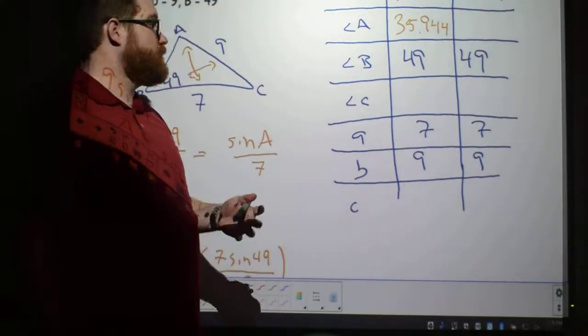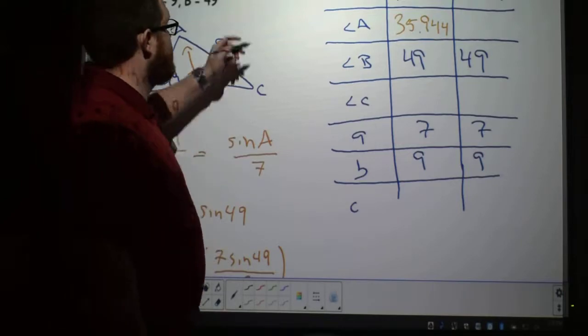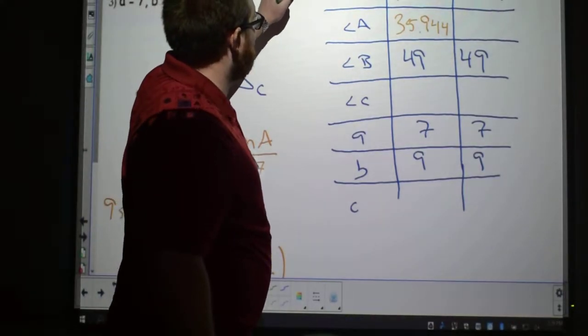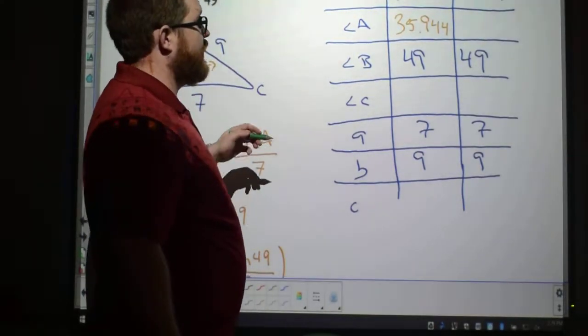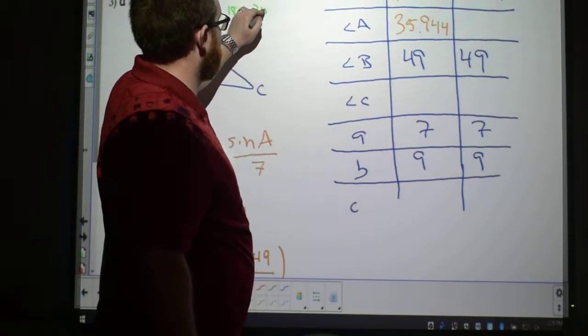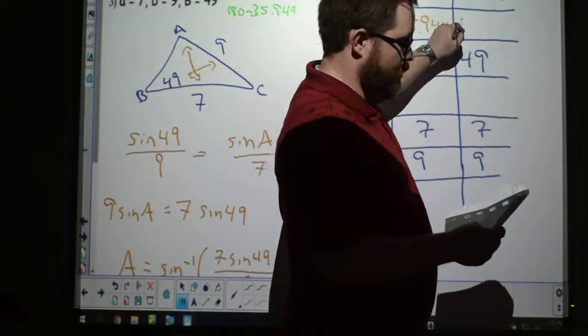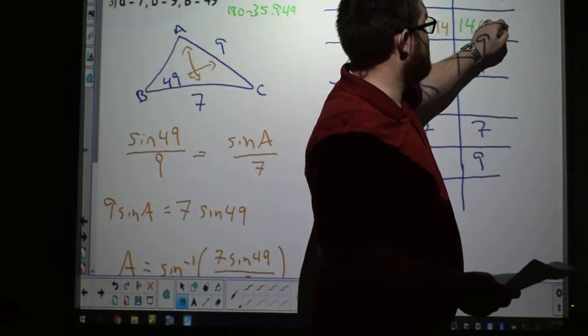Now we need to see, because it's side-side-angle, is there a second triangle? The way we find out is we take the angle we just found and subtract it from 180. And if you do that, you get 144.056.